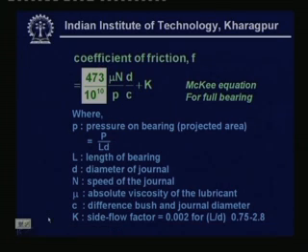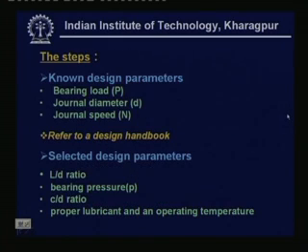So, now what happens is the steps for the first method. Known design parameters are bearing load, journal diameter, journal speed. Okay, this you have to provide from your operating conditions. Then how do you design the bearing?